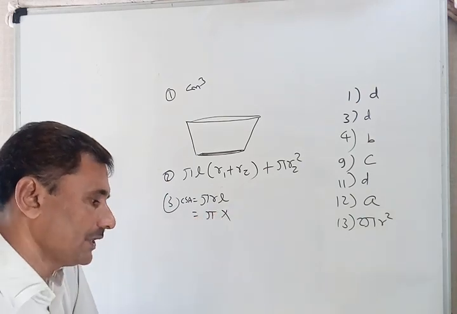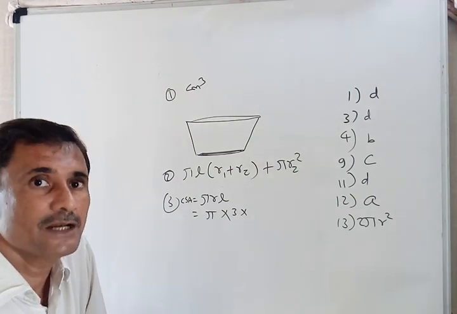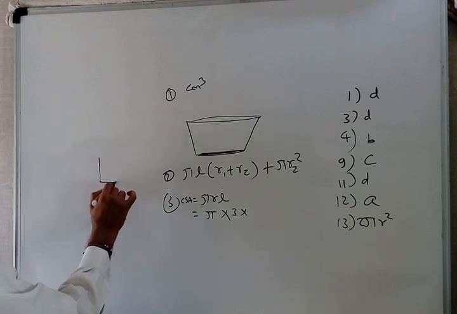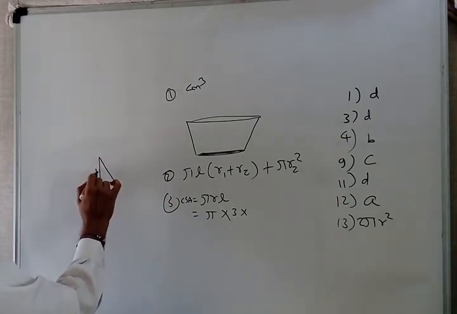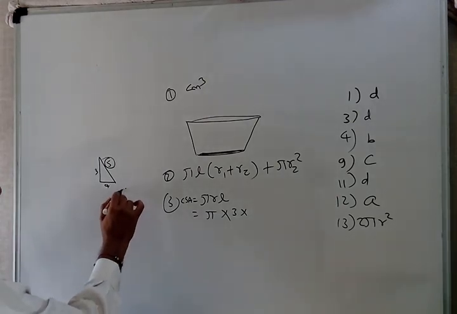R is given as 3, L is not given. Height is given, slant height is not given. But whenever they are 3 and 4, this will be 5 only. You remember that triple, otherwise use the Pythagoras formula.